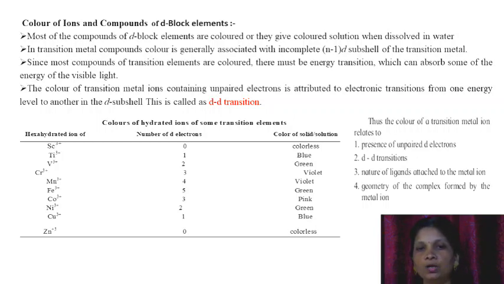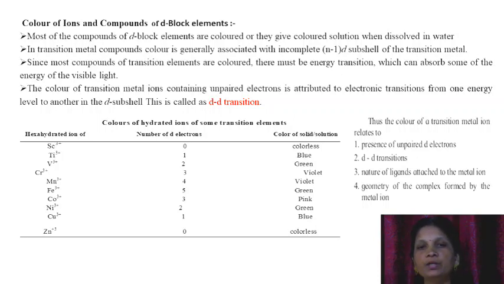If 2 electrons are there in the hydrated ion, then we'll see green color. If 3, we see violet color, and for 5 we have green color. This is the situation here. So we are discussing the chart.